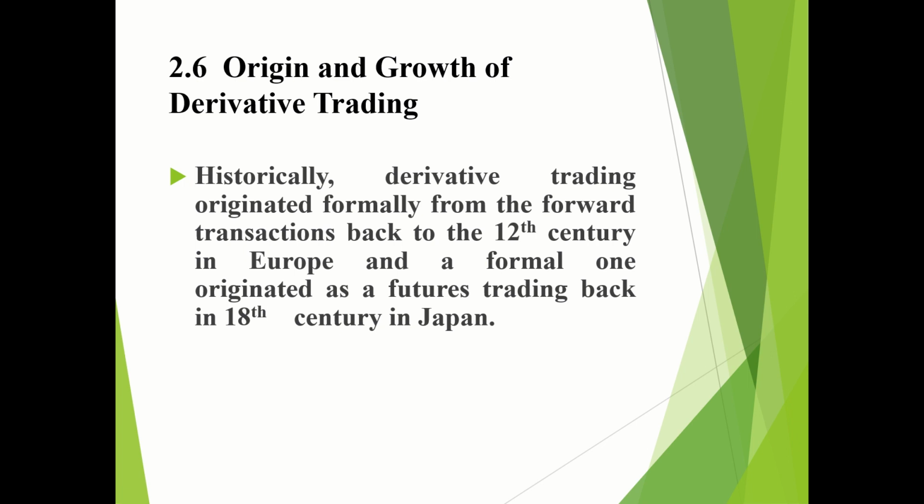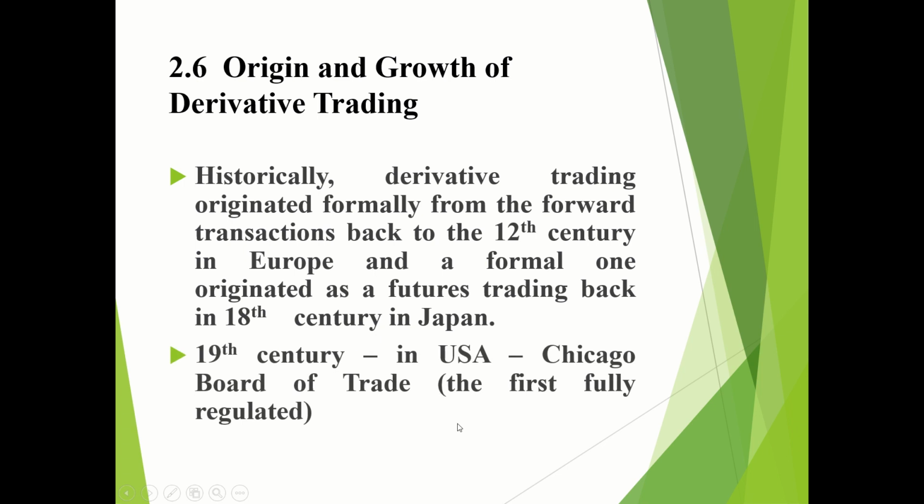Maksudnya futures yang pertama terhasil adalah commodity futures, which is rice futures in Japan back in 80th century. Okay, lepas tu dia merebaklah sampai ke USA dan last sekali sampai kat Malaysia. The first futures contract yang terhasil dekat Malaysia would be crude palm oil futures.